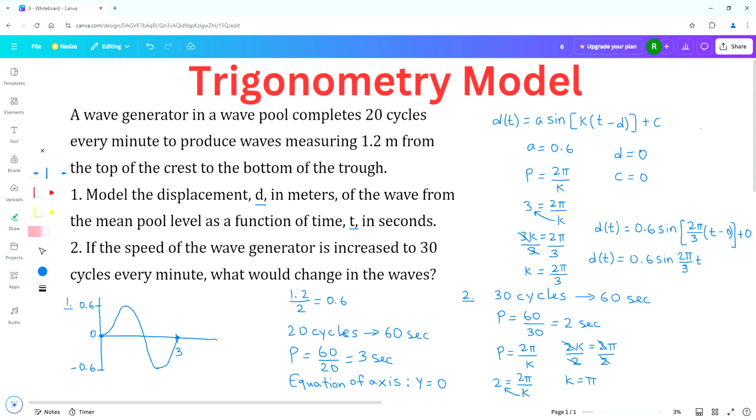I get k equals pi. The other values a, d and c will not change. So the new equation will be shown here, and this should be the final answer for the second part.